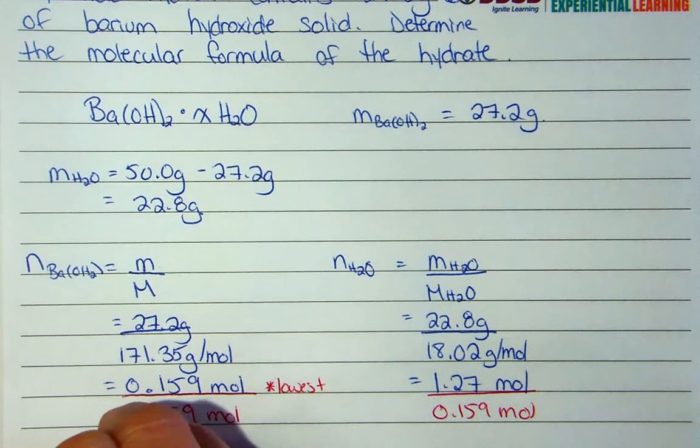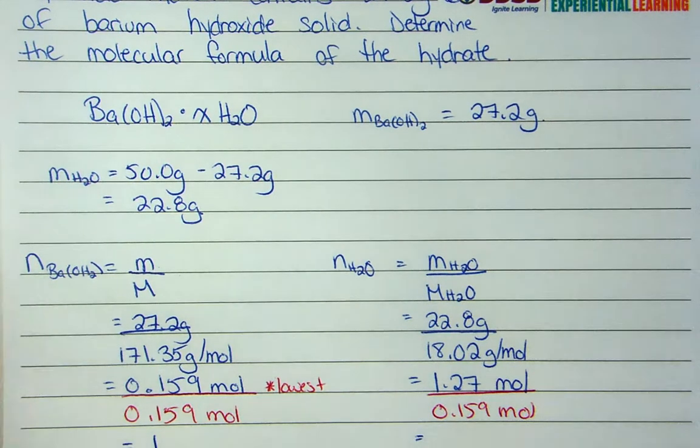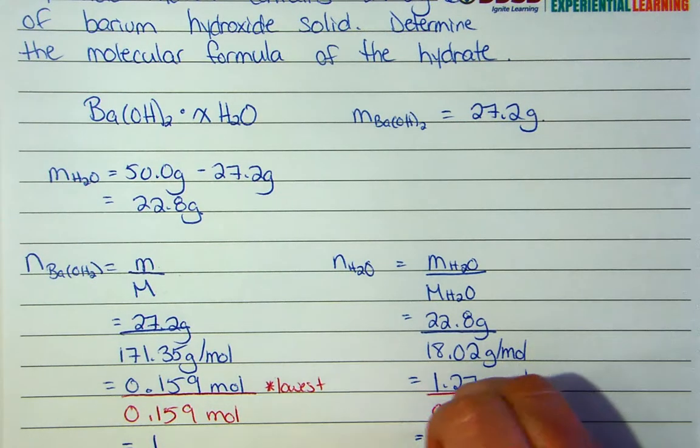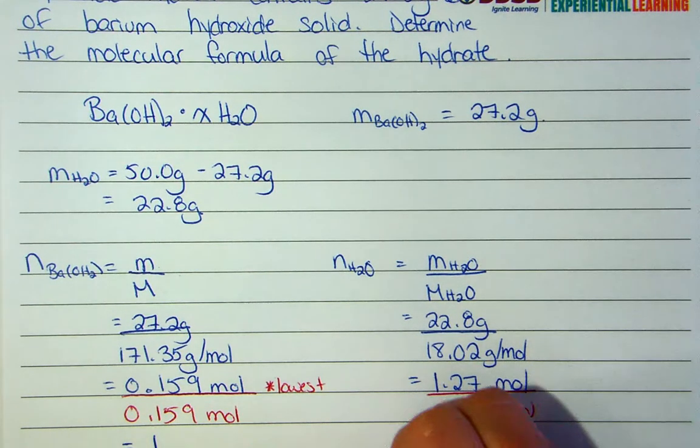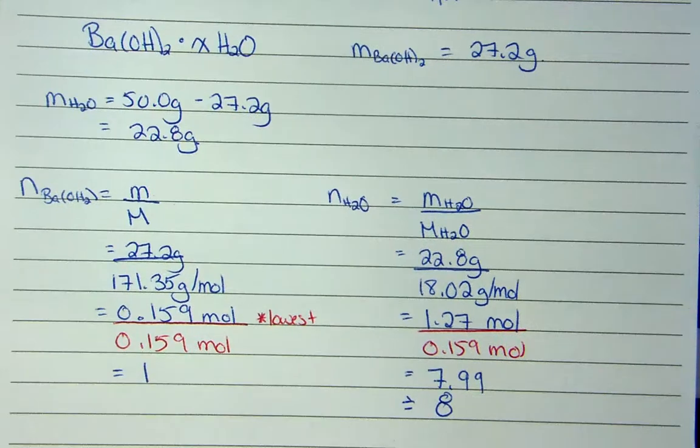Okay, so that gives us, well, that's a 1, and 1.27 divided by 0.159 gives us 7.99, or I can round that to 8.